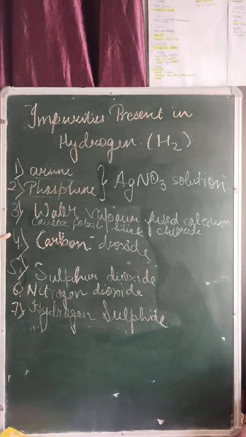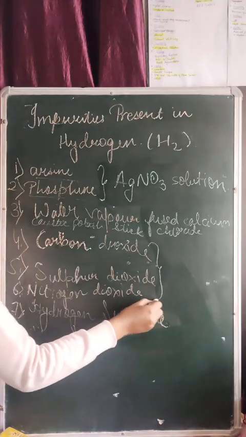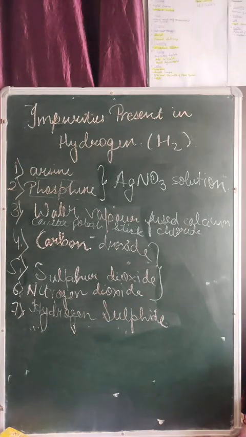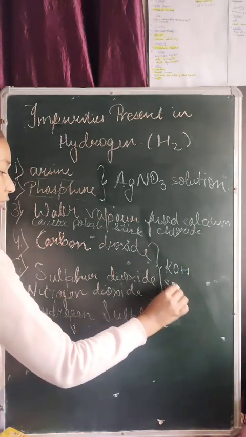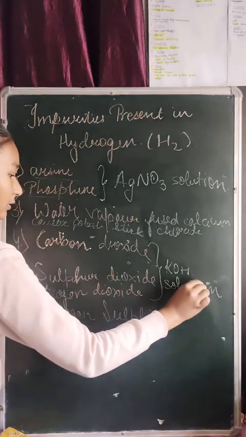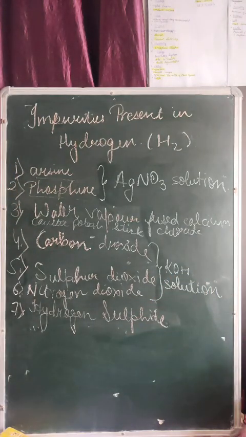Then we have the oxides: carbon dioxide, sulfur dioxide, nitrogen dioxide. These three oxides can be removed using the caustic potash solution or potassium hydroxide solution. Then we have hydrogen sulfide.